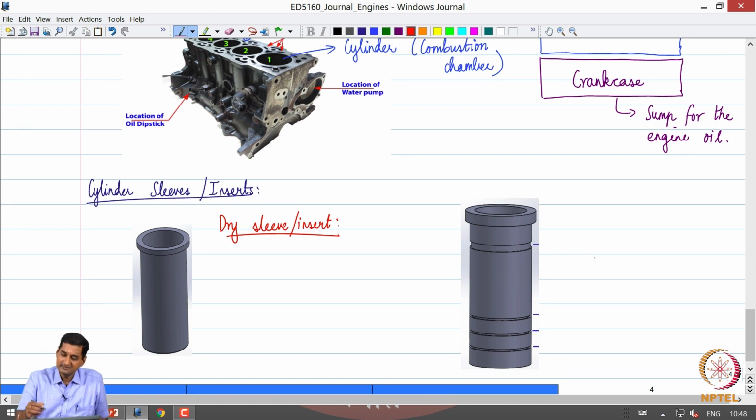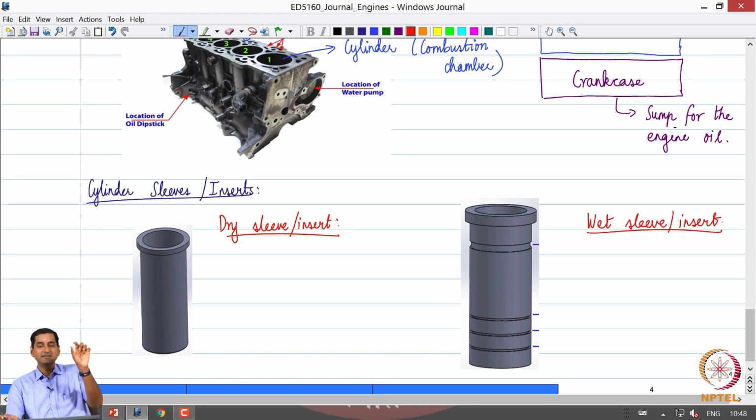This is a wet sleeve or an insert. What happens is the following: in a dry sleeve, the sleeve thickness itself is very small and the cylinder still provides the structural support.